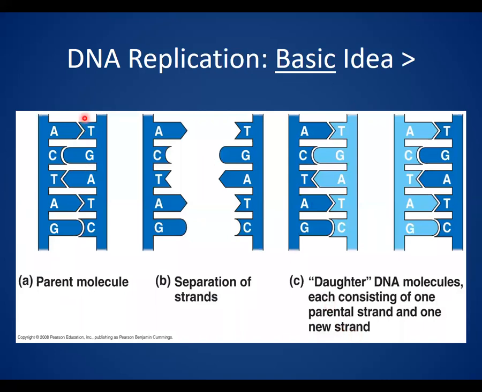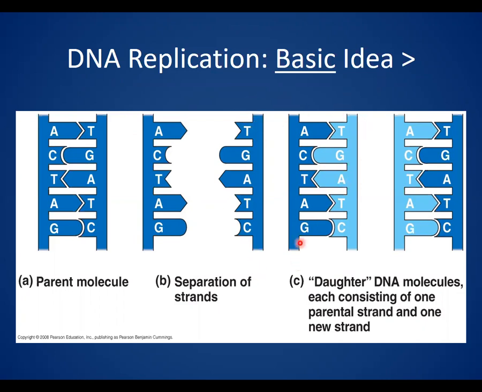So this is what we know about how DNA gets replicated. Here's the basic idea. This is what Meselson and Stahl showed. The parent has one double helix of DNA, and the nucleotides A and T fit together, and G and C fit together. During S phase of mitosis, when DNA is replicated, the strands separate, and a new strand is made on each template, the left hand and the right hand.